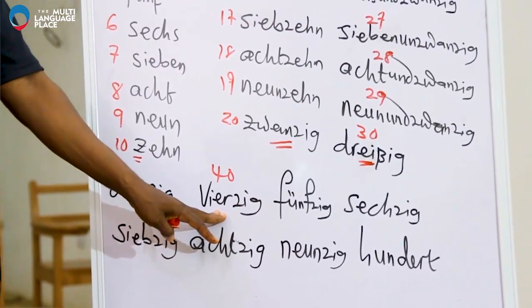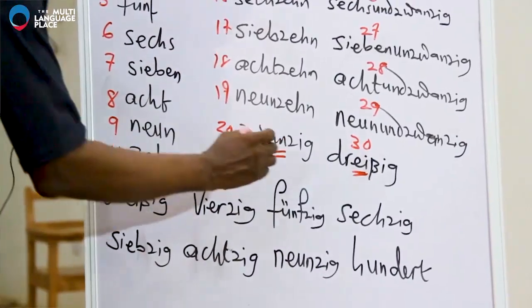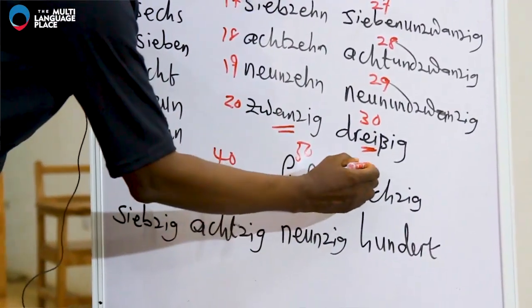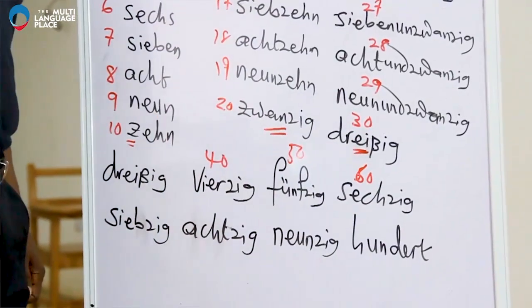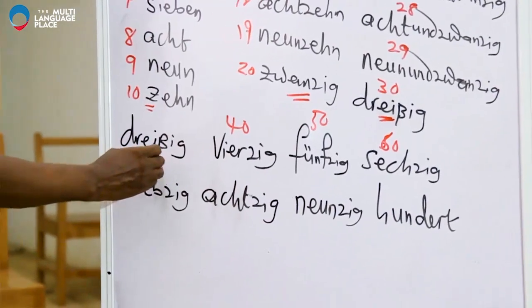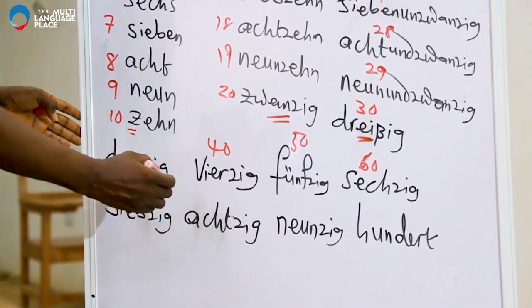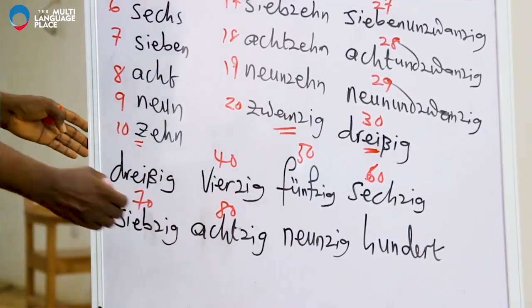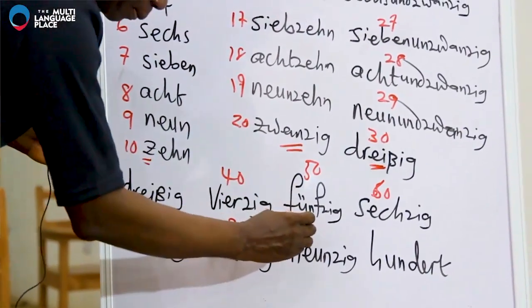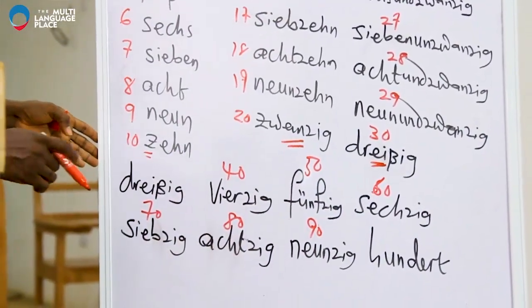And then 50, and then 60, and then 70, the next one, 80, 90.